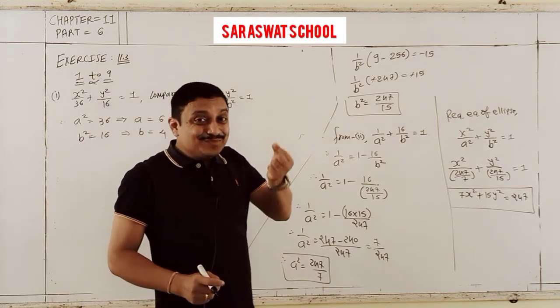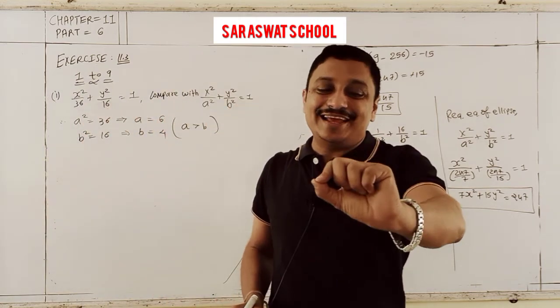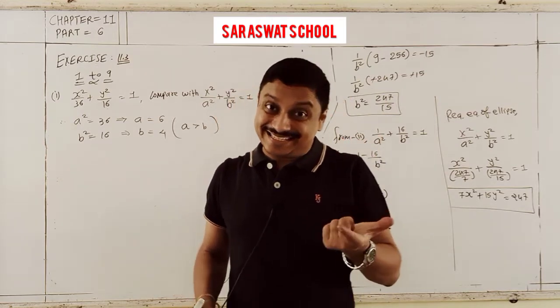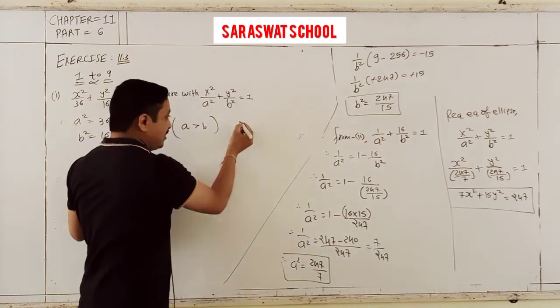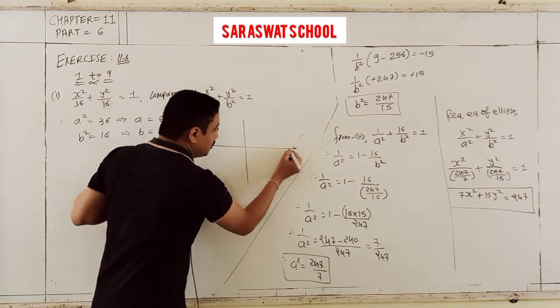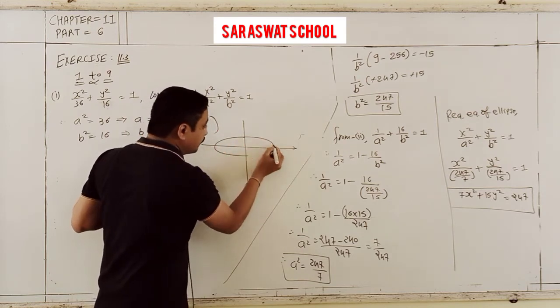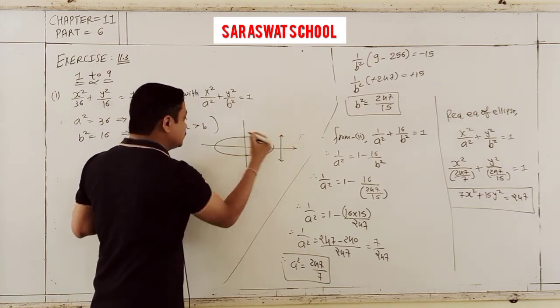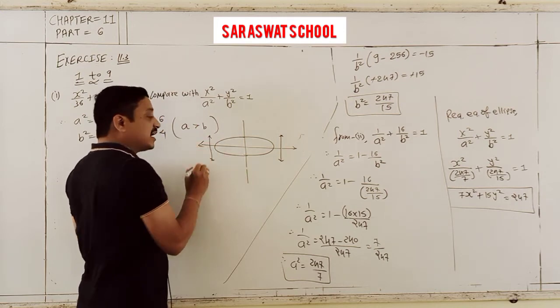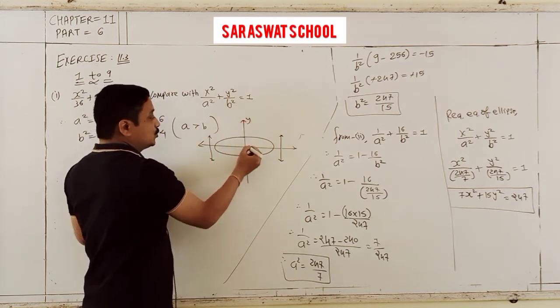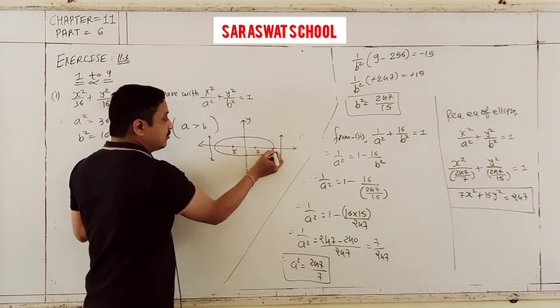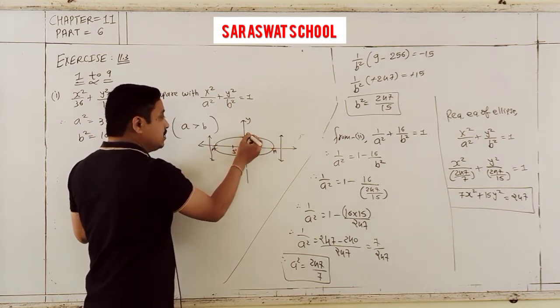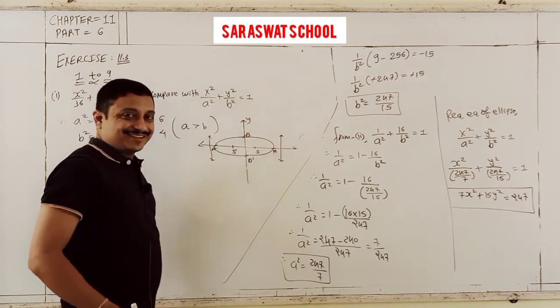Yes, a is more than b, students, so definitely the major axis is along the x-axis. So you draw the figure first. Compulsorily draw it roughly. Then you easily understand what they are asking about in your question. Here focus, vertex, b dash, and other values.